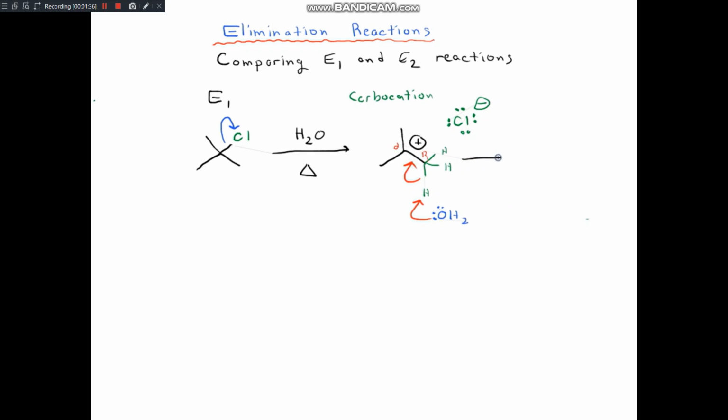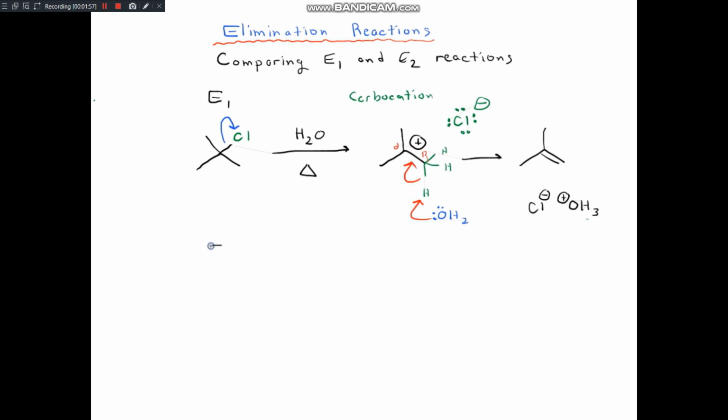And that's going to give us our new alkene right here, as well as in this case a molecule of H3O plus Cl minus. So those are the products of that reaction. So two steps: loss of leaving group and then deprotonation.